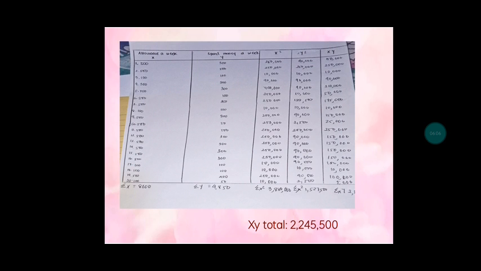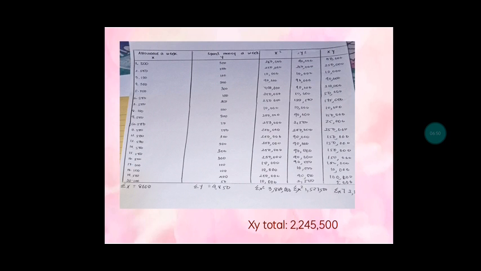100 times 100 is 10,000. Then 300 times 300 is equal to 90,000. Then 700 times 300 is equal to 210,000. Then 500 times 100 is 50,000. Then 500 times 350 is equal to 175,000. Then 100 times 100 equal to 90,000. Then 500 times 300 is 150,000. Then 500 times 50 is 25,000.